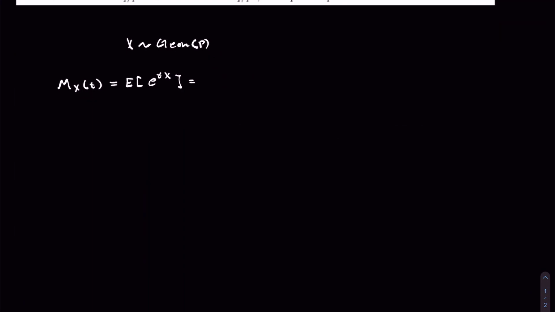Alright, so by definition, we use LOTUS and the PMF of the geometric. The sum runs from i up to infinity.